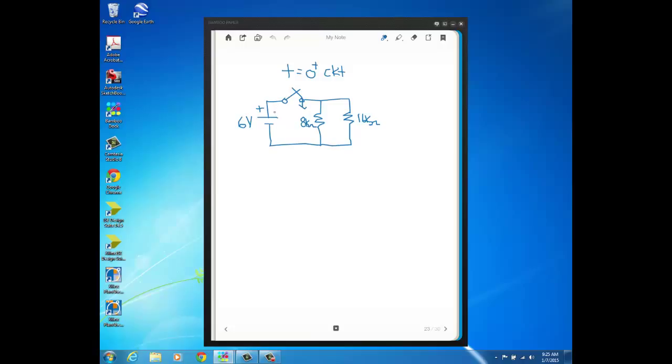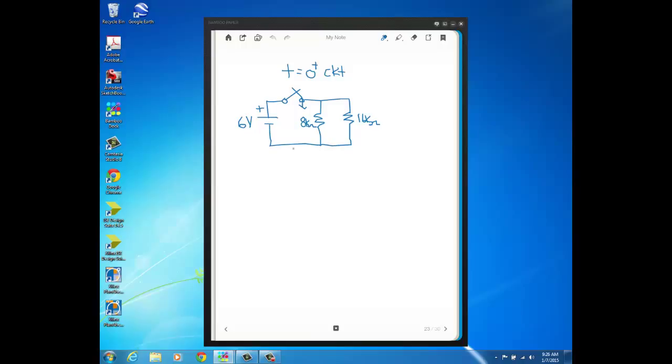So whatever voltage a capacitor has before a switch changes, it's going to have the same voltage the moment right after the switch changes.